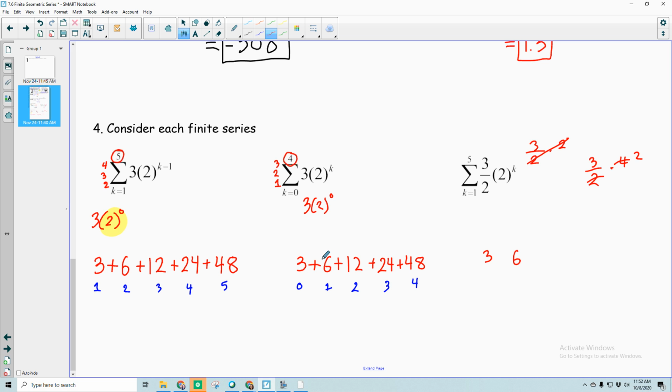So you might be seeing what's happening here, right? I'm going to get the exact same series that I've been getting for these last 2. And you can plug it in the rest of the way, and you will get the rest of these terms that result. So this is just a kind of a cool way to show you can write your series 3 different ways and still get the same numbers that you're adding together, okay?